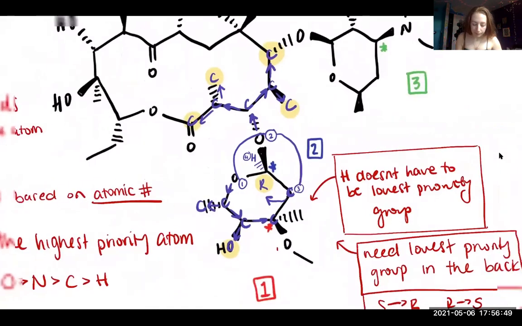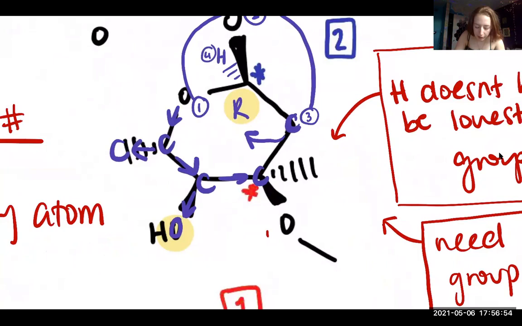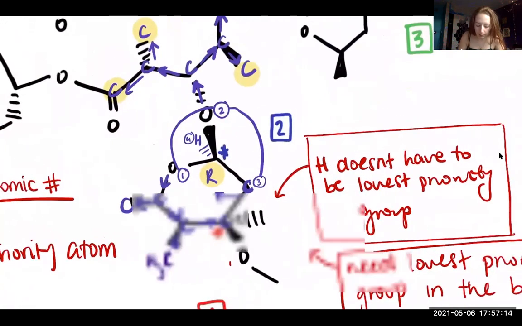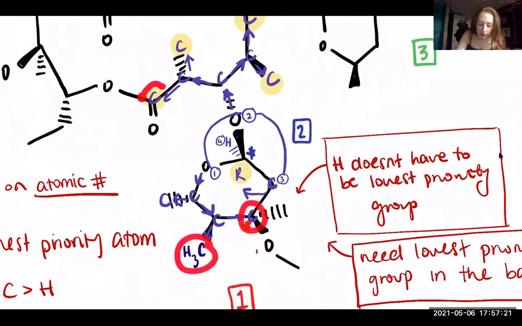However, if there was no oxygen here, so let me erase that. If there was no oxygen here, let's say a methyl group, and therefore, once we've reached that branch, then we see that there's only 2 carbons versus 4.